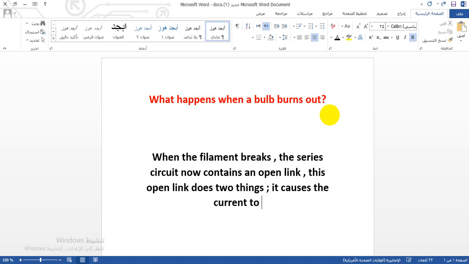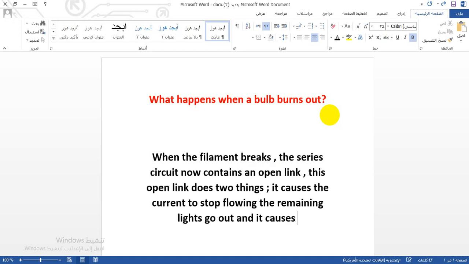And the remaining lights go out. And it causes the full charge to appear across the broken filament.